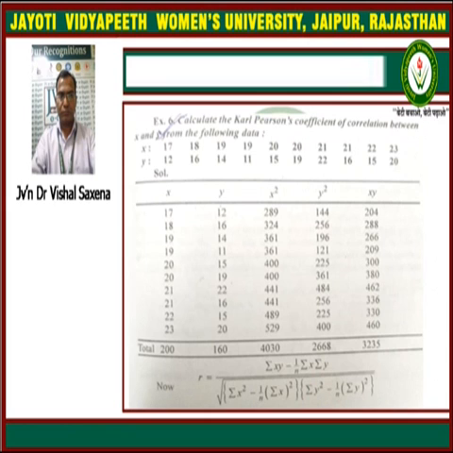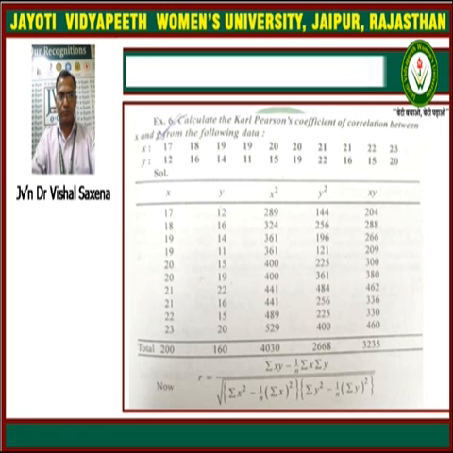Now we are given an example problem: to find the coefficient of correlation between the two variables x and y. We are given a table consisting of the data x and y, and we have to find the Karl Pearson coefficient of correlation.